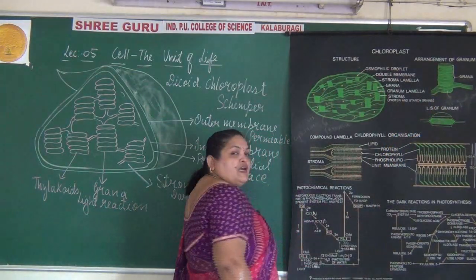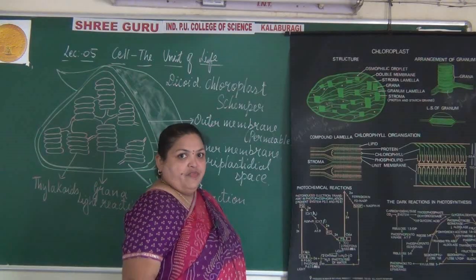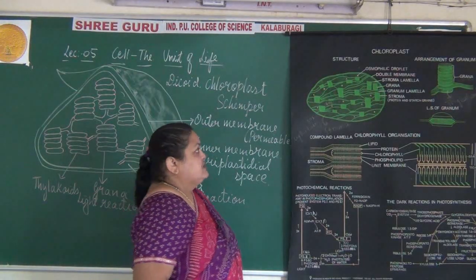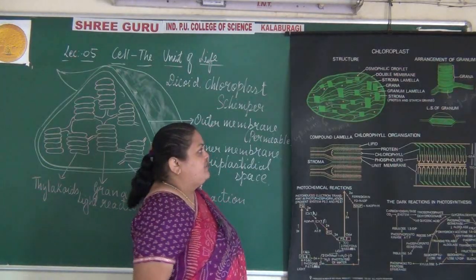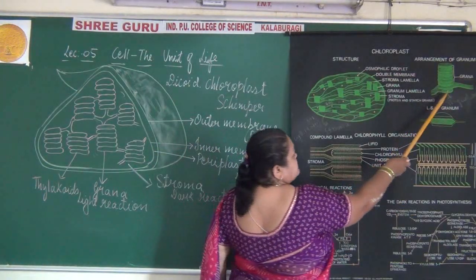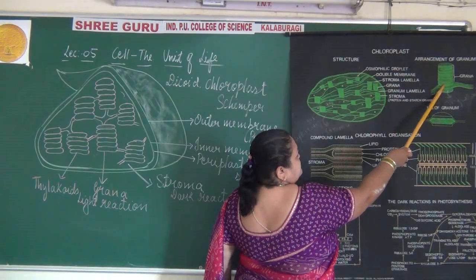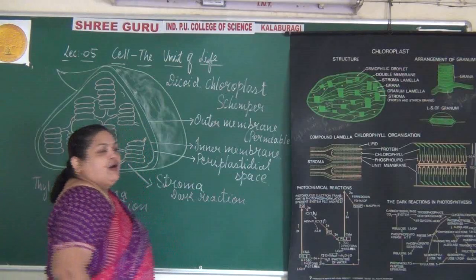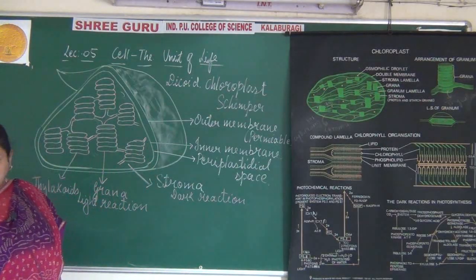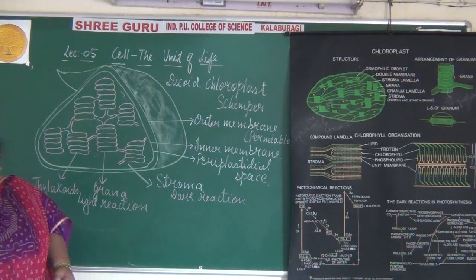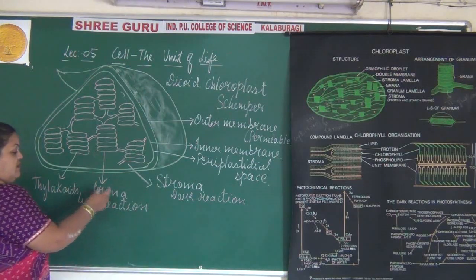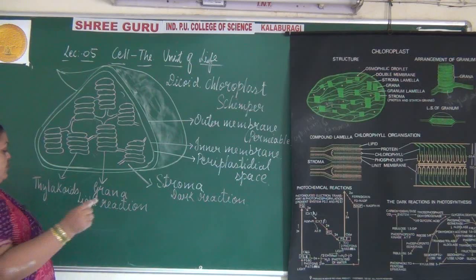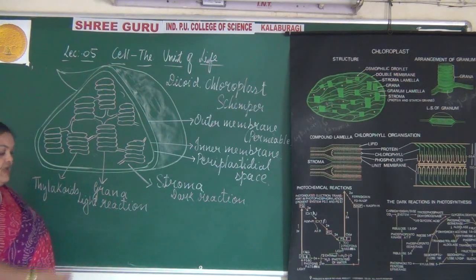The number of thylakoids also differs. It can be from 2 to 20 or 10 to 30, depending on the activity of the cells. So these disc-shaped structures which are arranged one above the other are known as the thylakoids, which are the site where the light reaction occurs.